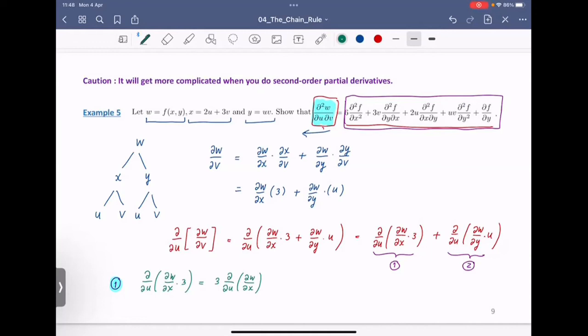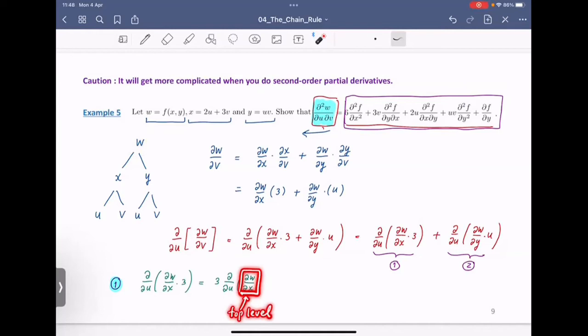So the problem here is that you have something inside, and you can treat it like a box. You're trying to differentiate this thing with respect to u. The thing in the box depends on w, so basically this thing in the box is on the top level.